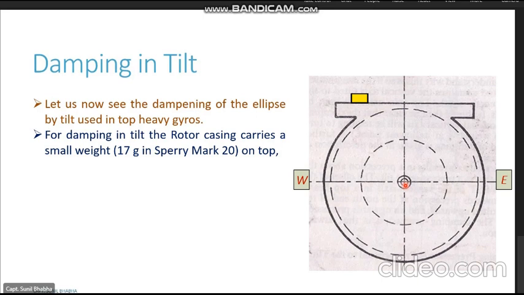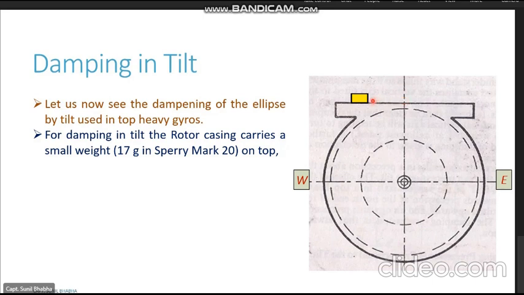Now to generate damping precession, we again place a weight on the casing of the gyro compass, but this weight which we are placing now is much smaller as compared to the weight which was placed to make it top heavy. In fact, that weight, to be specific, is about 680 grams.